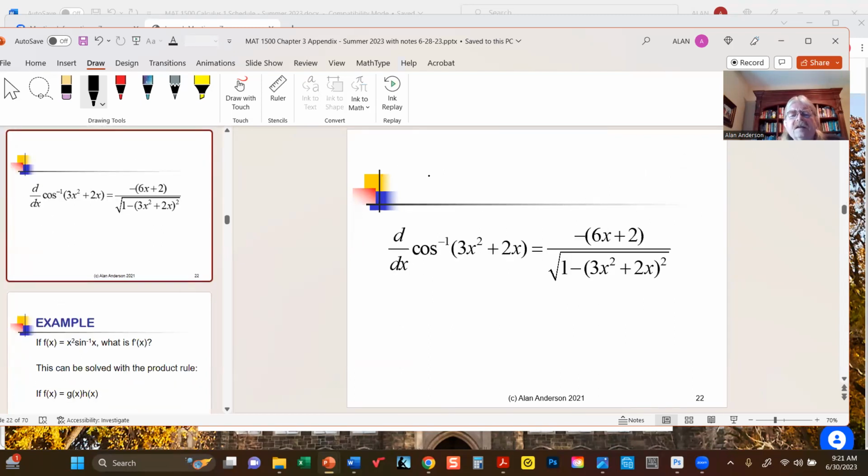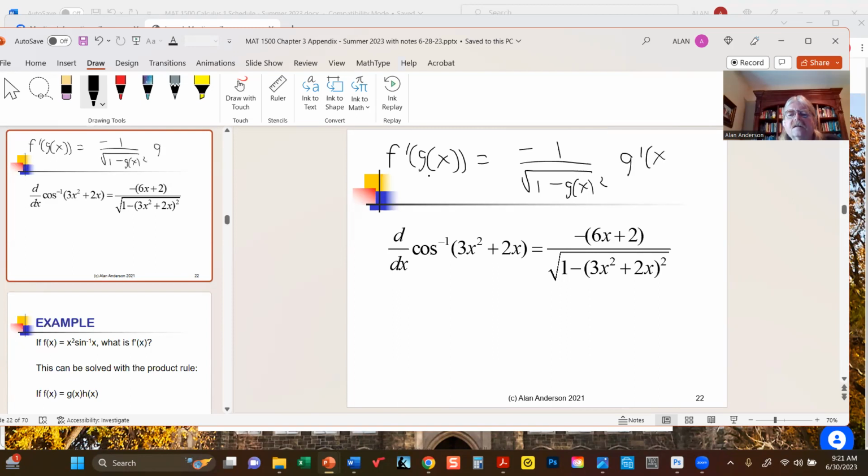So again, if you want to write this out in terms of the chain rule, and then the g prime of x is what we just determined to be 6x plus 2.